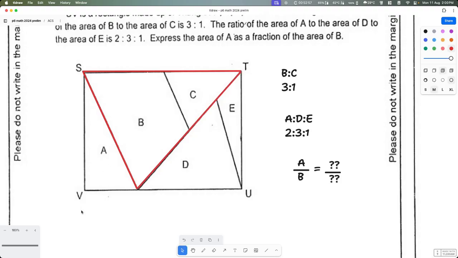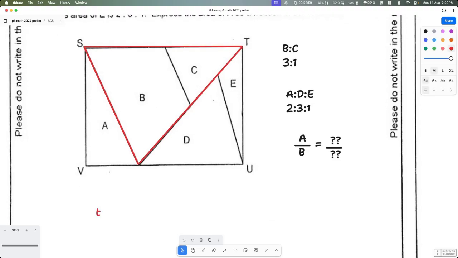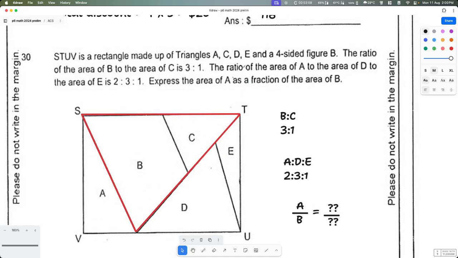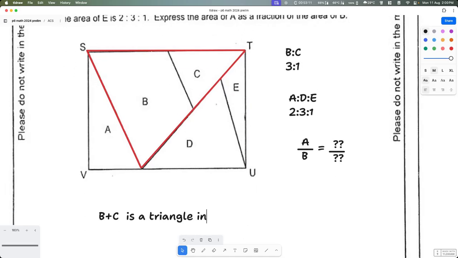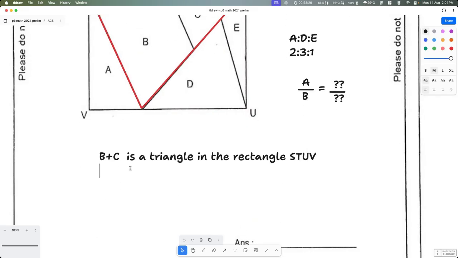So B plus C is a triangle in the rectangle S, T, U, and V. So the area of B plus C is half of rectangle STUV.